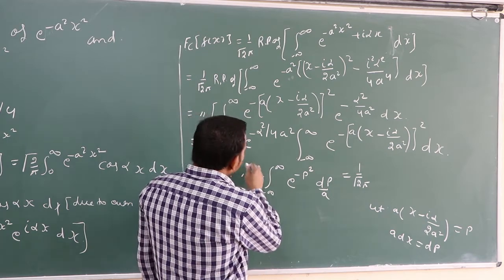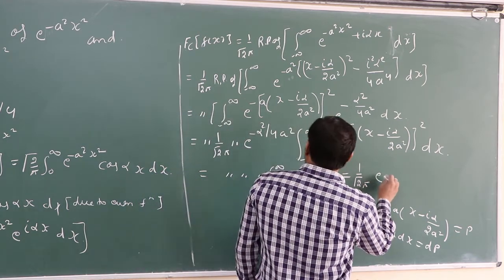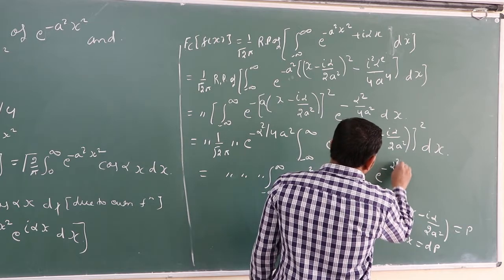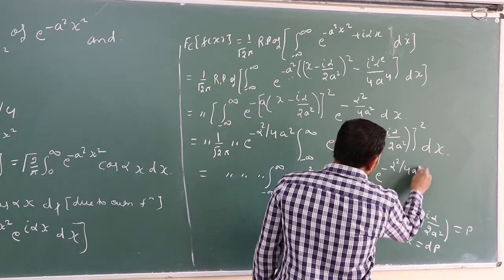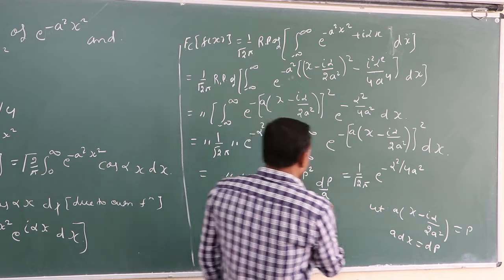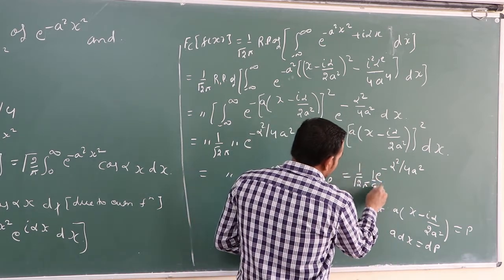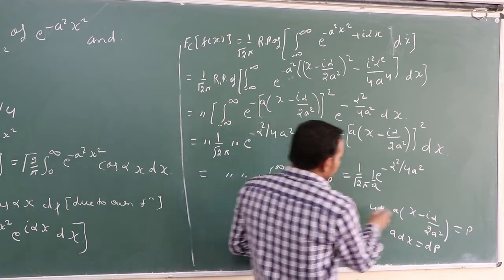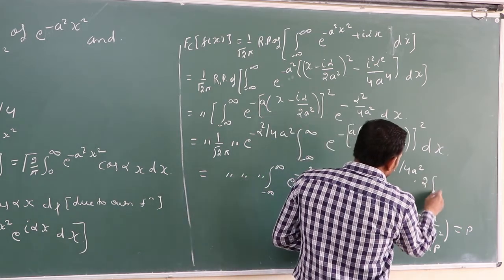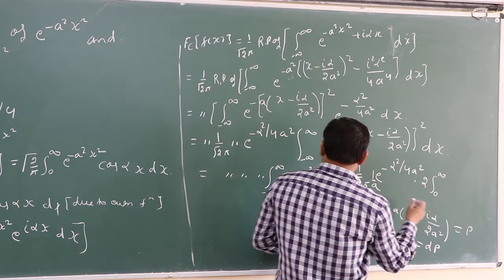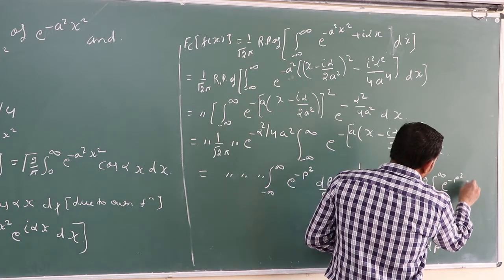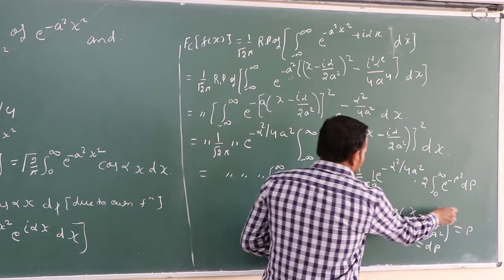So 1 upon under root 2 pi and e to the power minus alpha square upon 4a square, and also 1 upon a, and this we can write as 2 times the integral from 0 to infinity of e to the power minus p square dp.